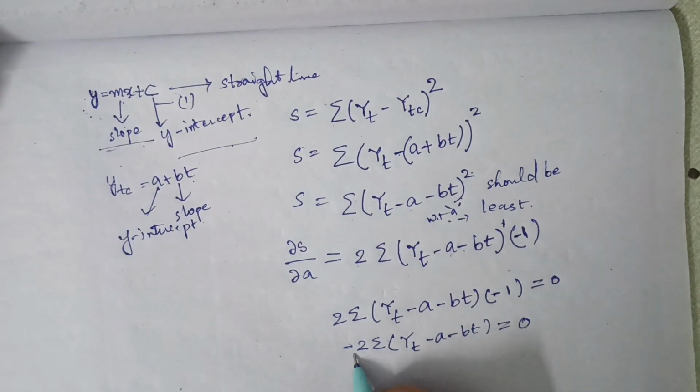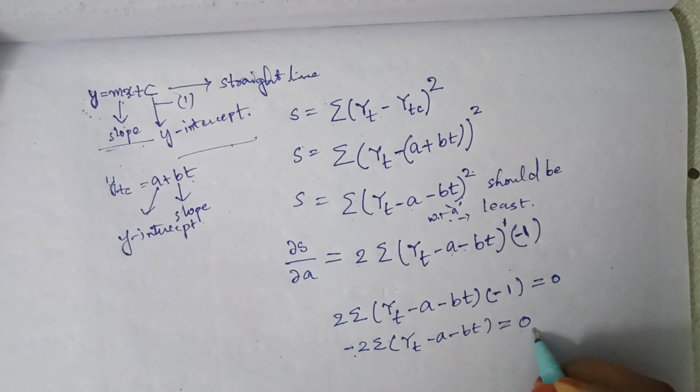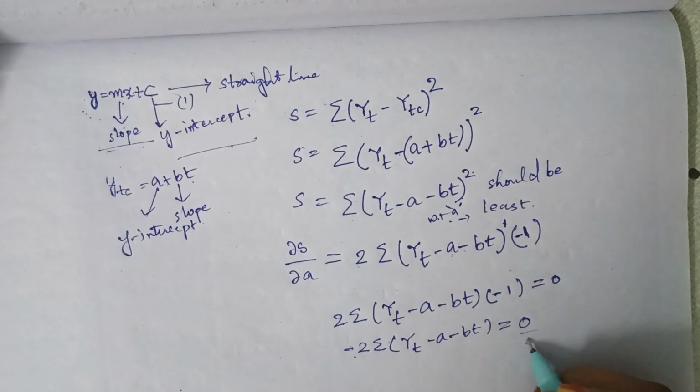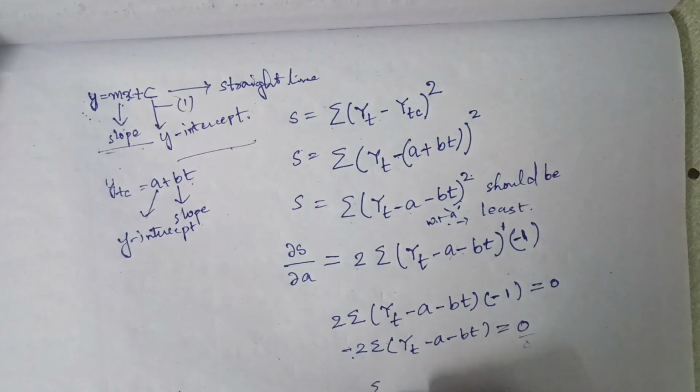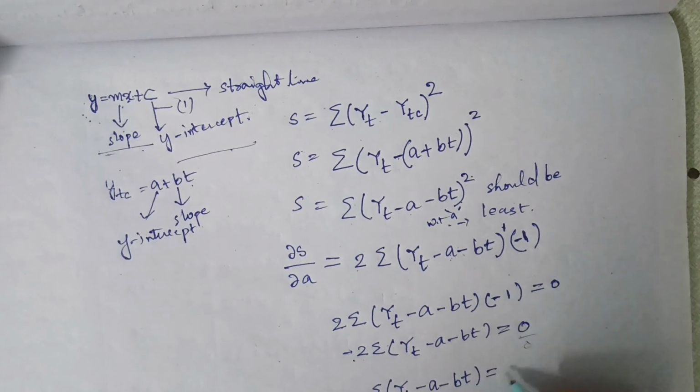If I send this minus 2 to this side, it is multiplication, so it becomes division, and it becomes 0. Therefore, summation (yt minus a minus bt) is equal to 0.